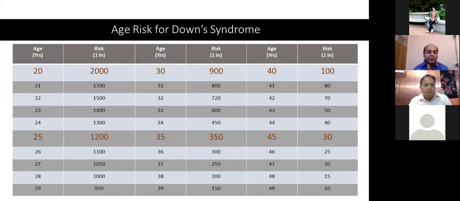At the age of 49, it is 1 in 10. So if it is there with us, then we can refer to it and can calculate in case the lady is coming to us during the TIFA scan for the first time. So this becomes the risk before the scan.